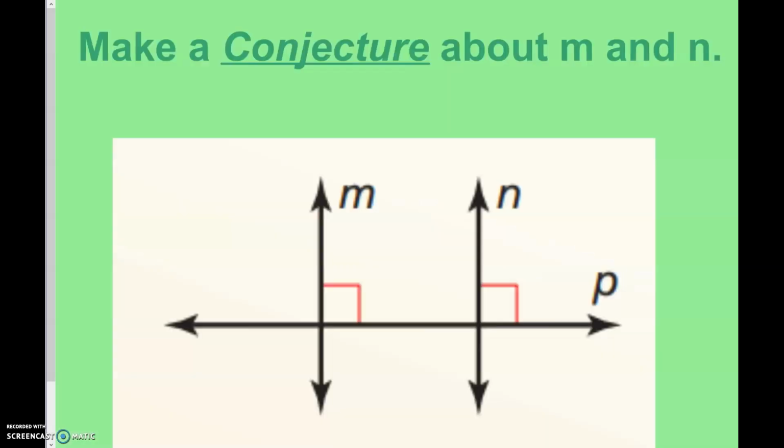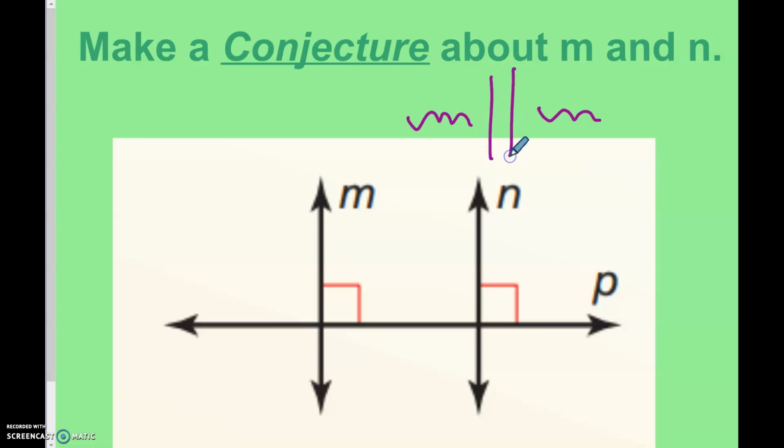All right, what conjecture can we make about M and N? Let's see. If M is perpendicular to P and N is perpendicular to P, do we not have corresponding angles here? So if corresponding angles are congruent, what can we conclude about lines M and N?